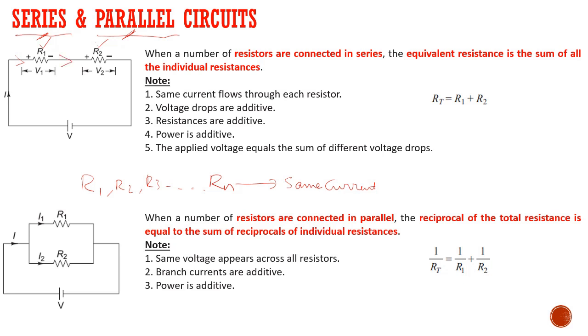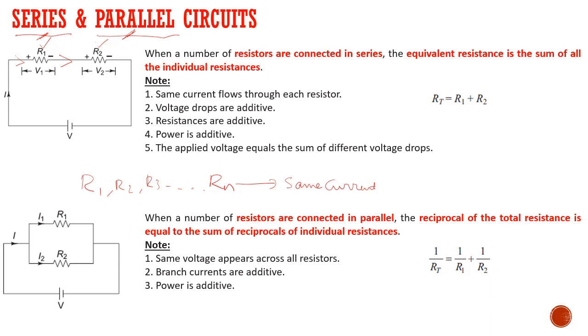So the output of R1 is going into R2. Actually, this connection is also called a cascaded connection. One element's output is given to another element's input. That means these two elements are said to be in cascade. Element here means resistor, inductor, and capacitor.